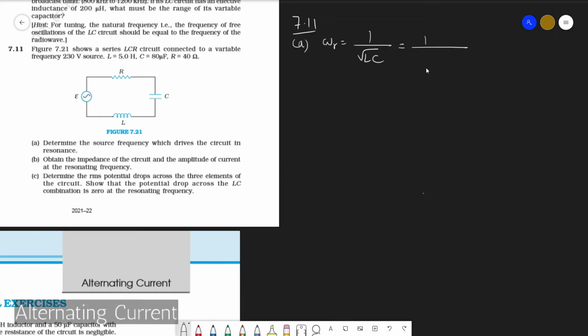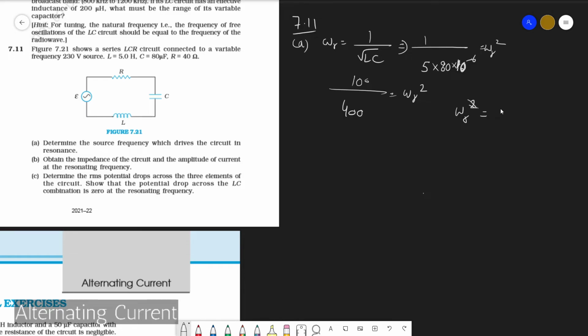So omega R square is 1 upon 5 into 80 into 10 to the power minus 6, and you can find omega R by taking the square root.